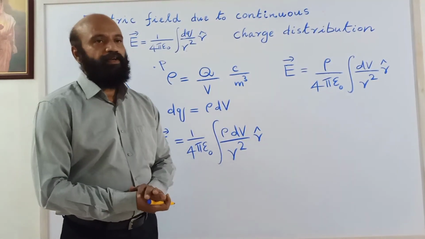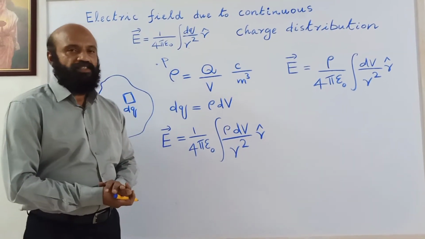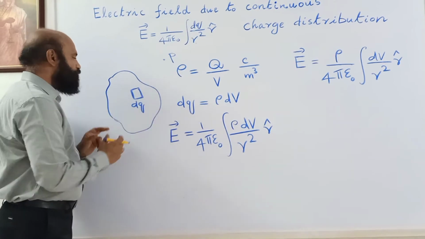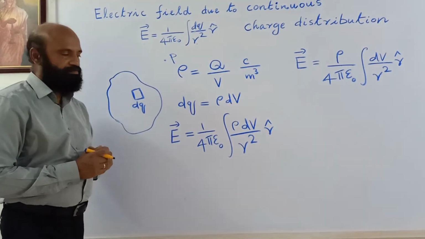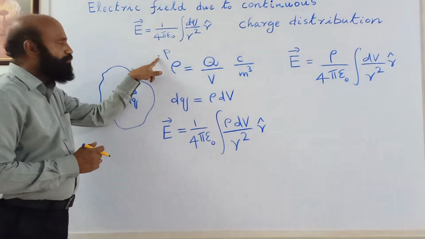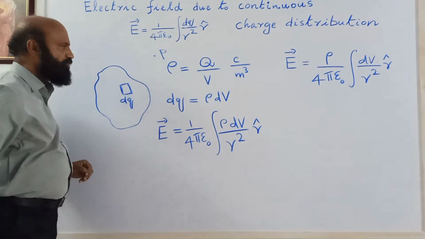Now we will see electric field due to volume charge distribution. Charge is distributed on a volume. We have to find the field here due to this volume distribution of charge.